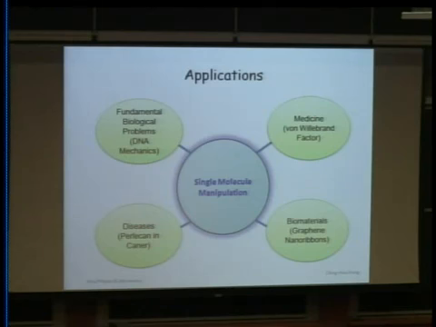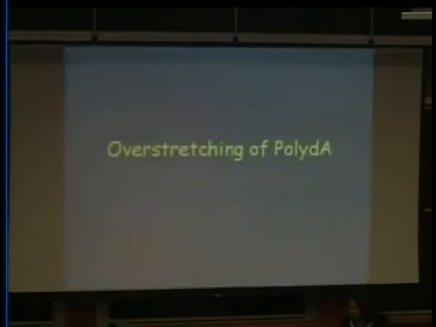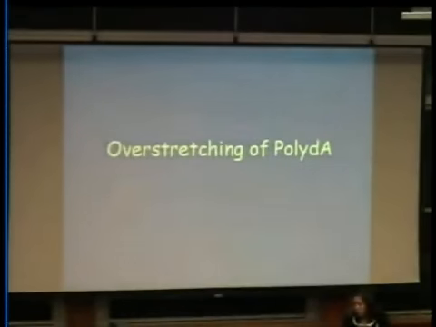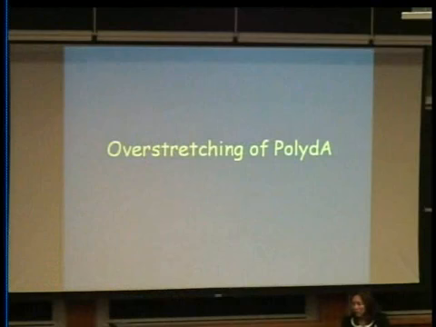And then other diseases, like a protein that is another large molecule involved in cancer. And other biomaterials, like one can even stretch graphene and look at it. I'll mainly talk a little bit more about the first two examples. So, overstretching of poly(dA), okay?